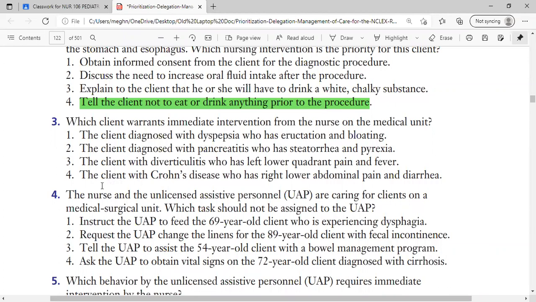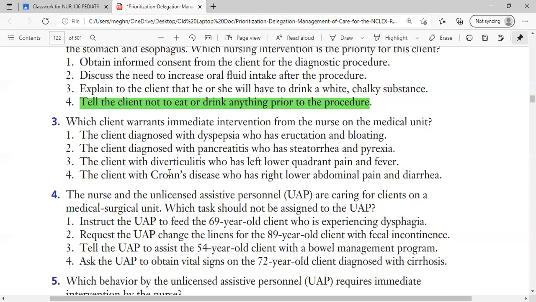And number 4, the client with Crohn's disease who has right lower abdominal pain and diarrhea. This is the answer and the priority, because the client with Crohn's disease should be asymptomatic. So pain and diarrhea warrant intervention by the nurse.